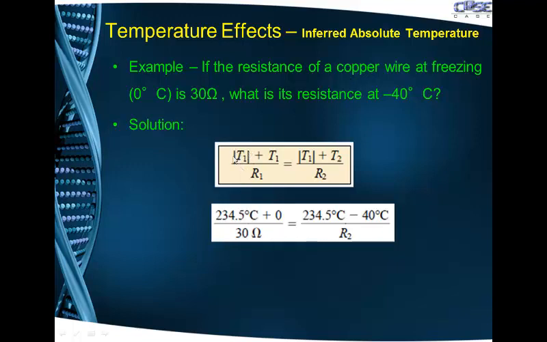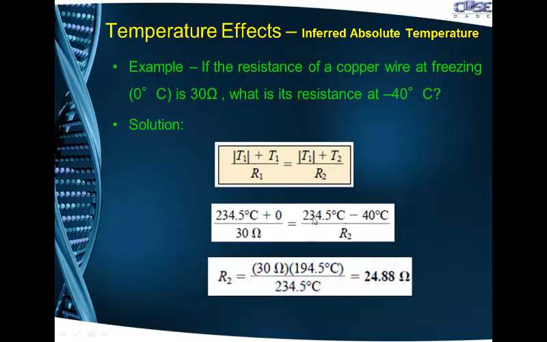Taking the mod, the result would be positive. So from this relationship, if I compute the value of R2, then it would be 24.88 ohms, where at 0 degree it was 30 ohm, it has decreased by around 6 ohm.